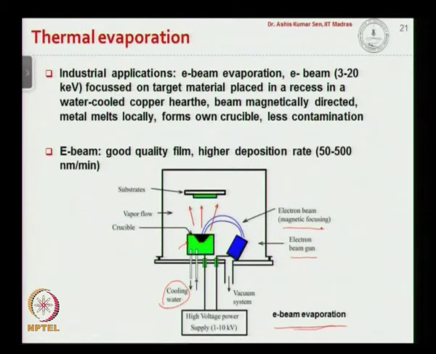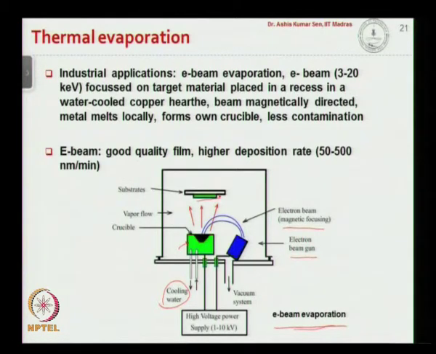That is called magnetic focusing. When these high energetic electrons fall onto the metal, it gets vaporized and coats the substrate.